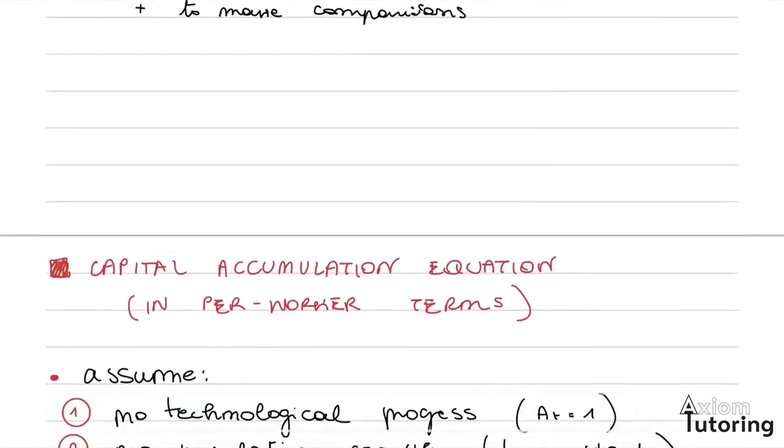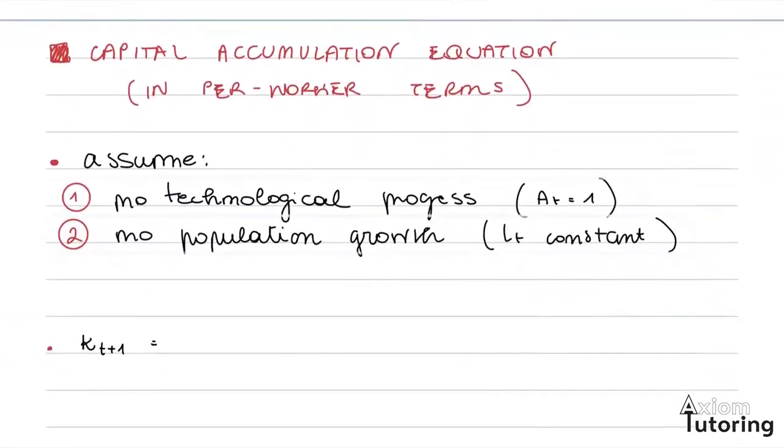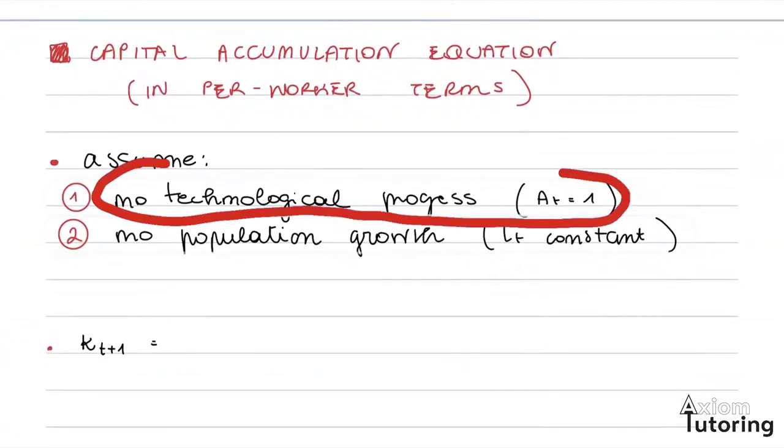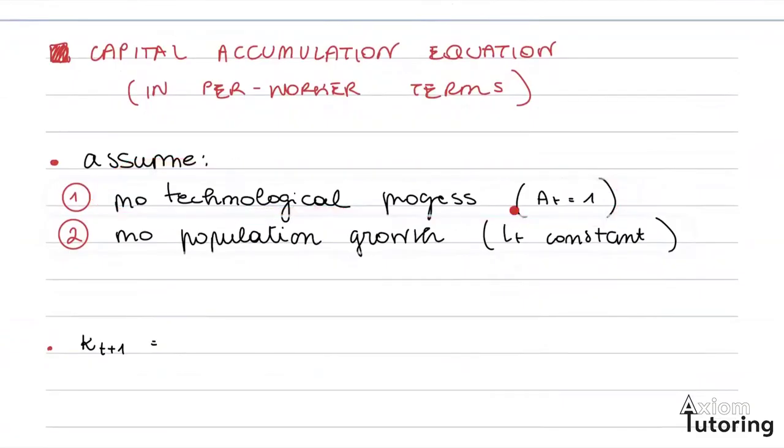So now let's go back to a bit of theory and let's look at the capital accumulation equation in per worker terms. So we are assuming that we have no technological progress such that our exogenous technology term in the production function is equal to 1. And we have no population growth, meaning that our labor force is constant.